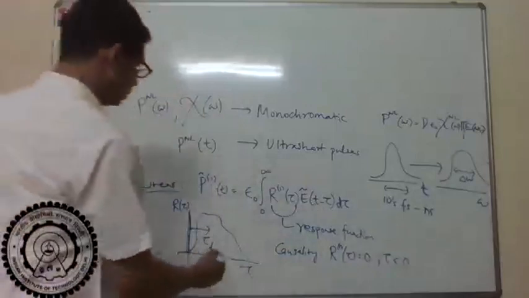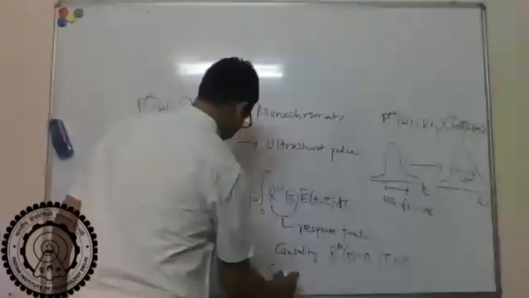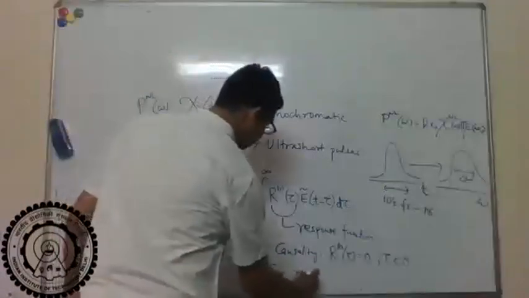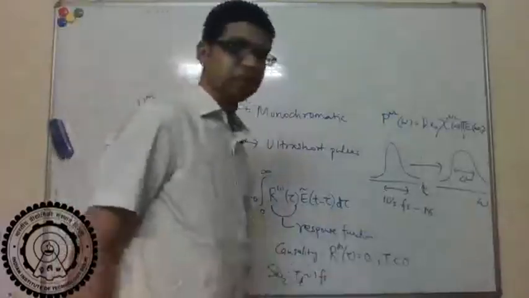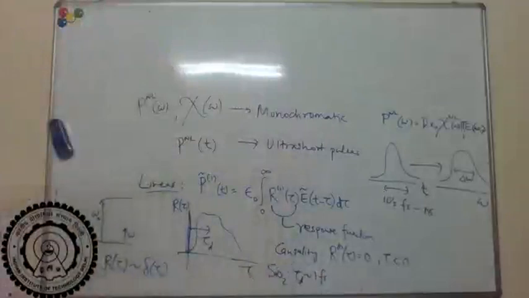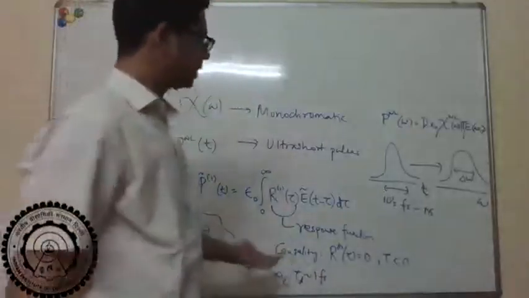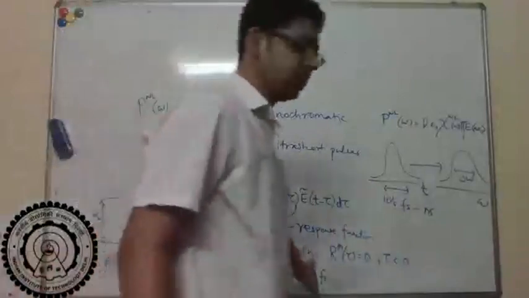So, for example, if you look at glass, silica, then this is of the order of a femtosecond, 10 to the minus 15 seconds, right? So for most cases, for example, if your pulses are 100 femtoseconds or longer, this is basically instantaneous.